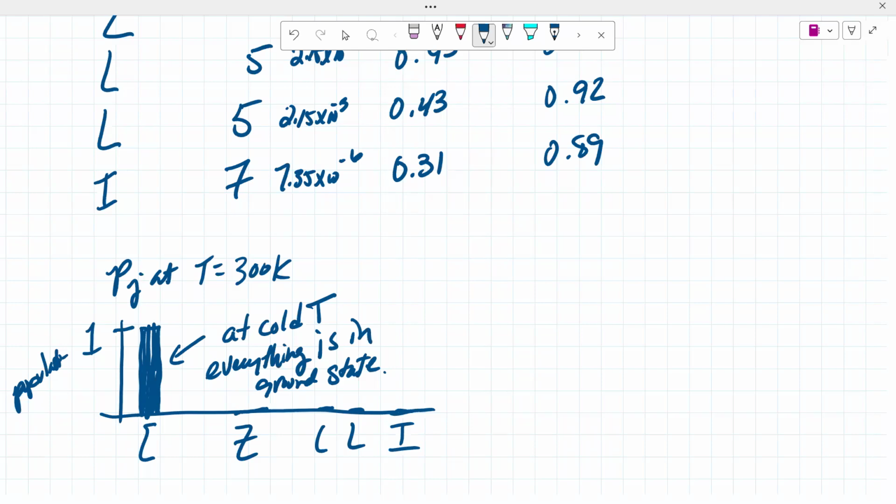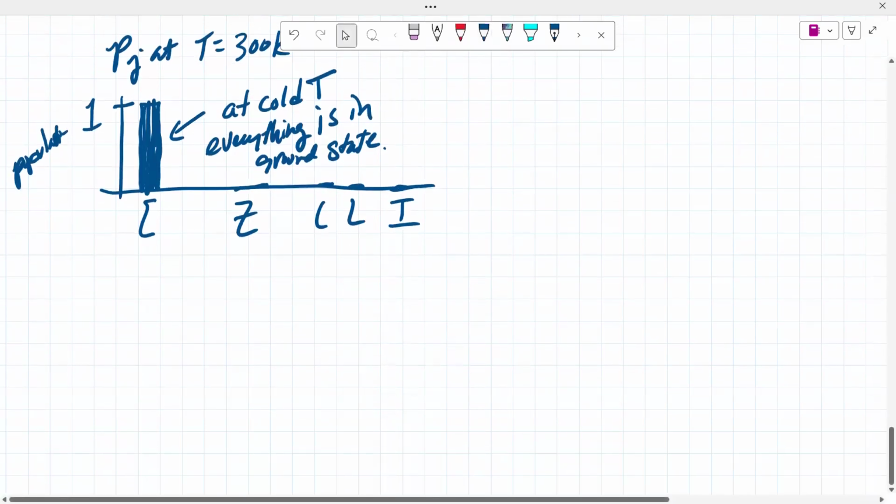So what we haven't done is we have not made the partition function. So what we need to do is normalize.